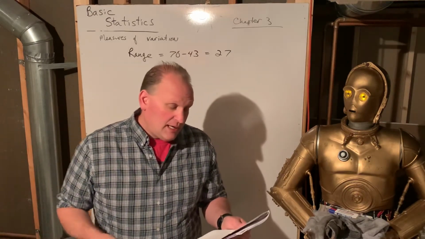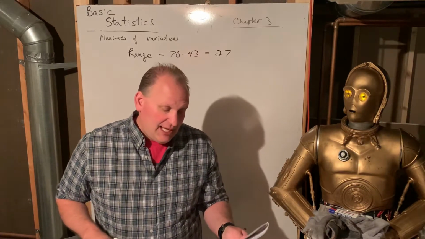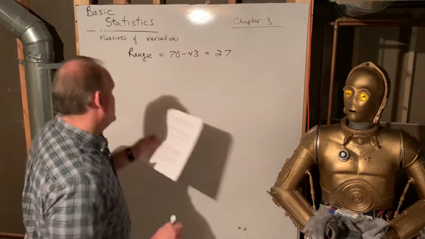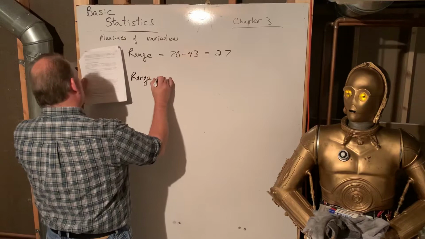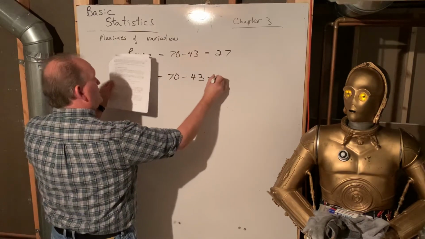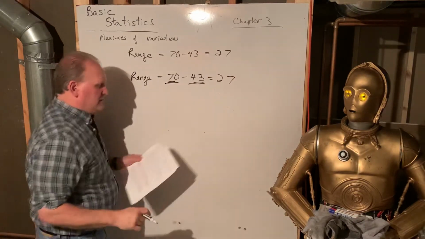And so the one below it there, it's height in inches. And that looks like it's got the exact same range, but there's a lot less variation. So that's why we can't just use range. 70 minus 43, still 27, so 70 was still the high, and 43 was still the low.